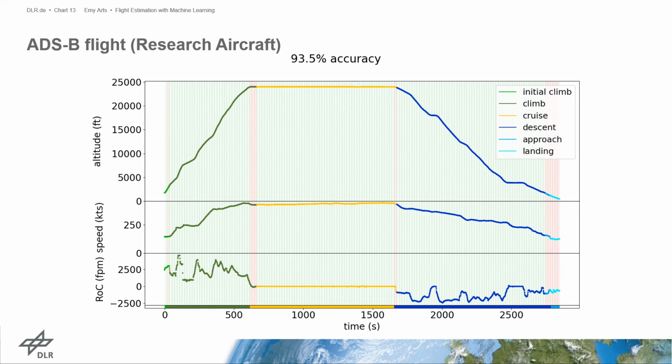And as I mentioned before, there are several differences when comparing both the simulated data and the real data in its behavior during the flight. So especially the rate of climb is much less smooth, much less predictable than is the case in the simulated flight.